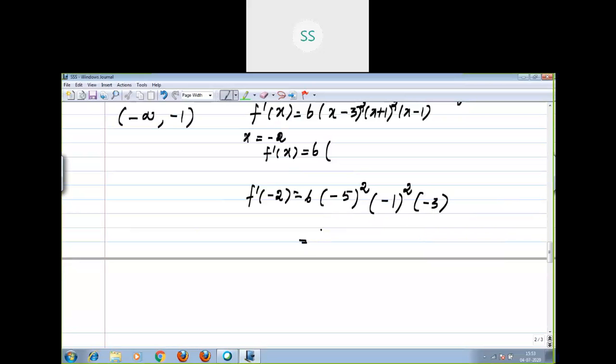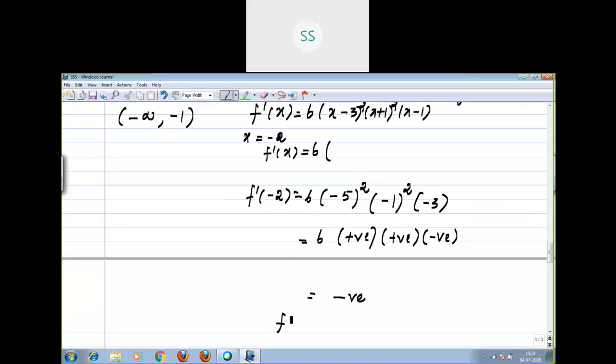Right? Which is equal to 6 into (minus 5) the whole square, what is it? Positive. Here also it is positive. Here it becomes negative. See, the last one is negative. Positive into positive, positive, again positive, positive into negative, negative.